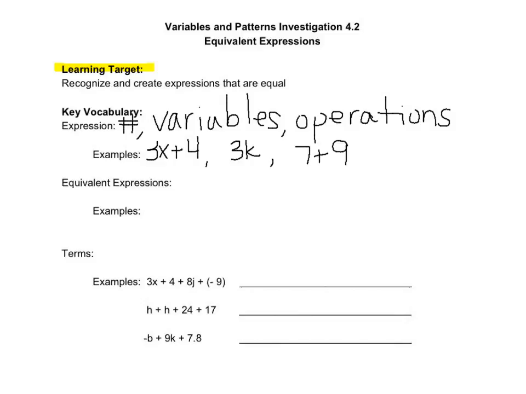Equivalent expressions, well, 2 or more expressions that are equal.